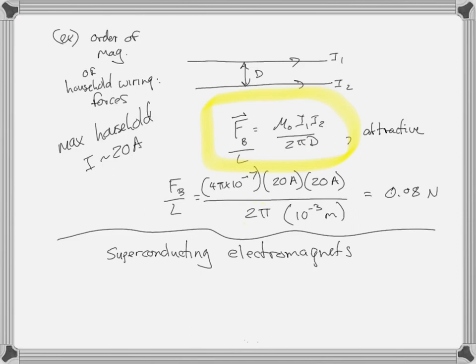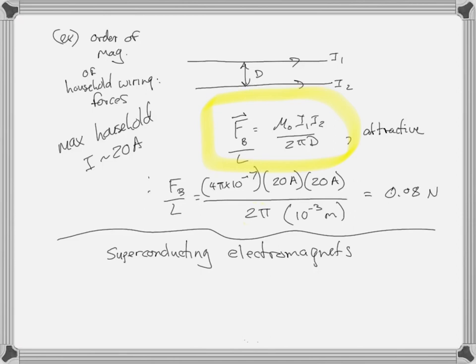There's not a whole lot of call for super large magnets, but in studying the properties of materials it is useful, and often in medical science also. NMR or MRI machines use large magnetic fields, and typically use a superconducting electromagnet, so that the wire has no resistance and you can put a large current into it without it heating up. One issue of large currents is wires heating up and melting, but another is this force.